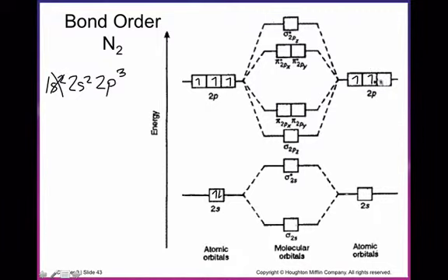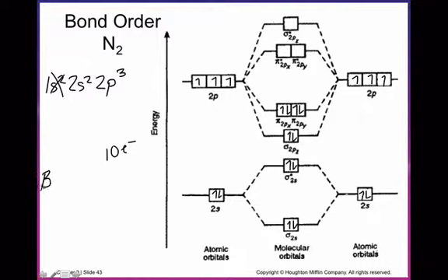This side will be identical because we're bonding 2 nitrogens together. So I have 3 plus 3 is 6, 8, and 10 electrons. 10 electrons total is what I need to fill in: 1, 2, 3, 4, 5, 6, 7, 8, 9, 10. That's what my molecular orbitals would look like once they're filled.